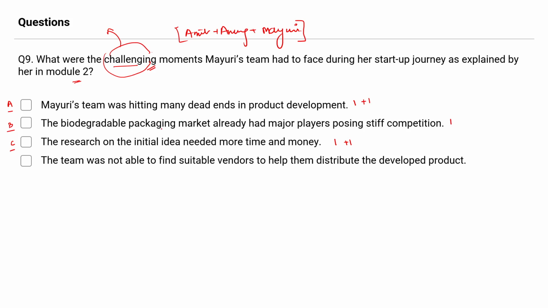The biodegradable packaging already had major players posing stiff competition. The research on the initial idea needed more time and money, and the team was not able to find suitable vendors to help them distribute the developed product. Okay. Can anyone tell me what do you mean by hitting many dead ends?